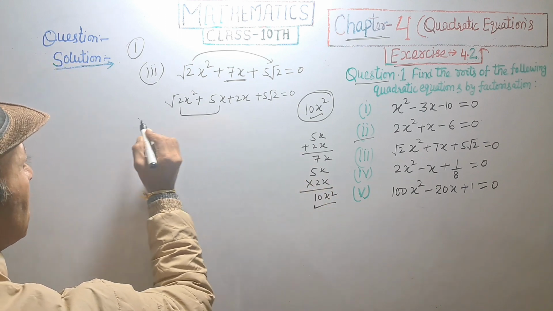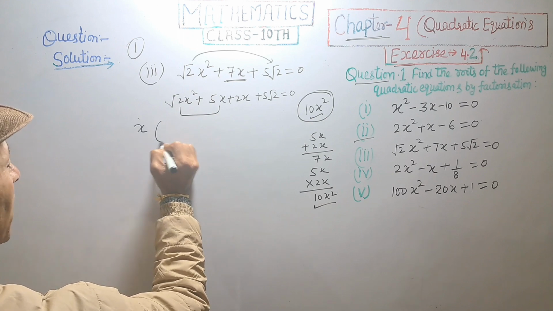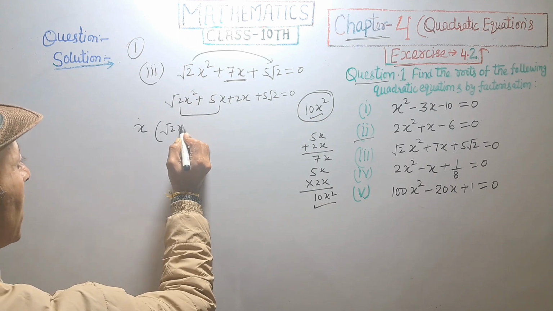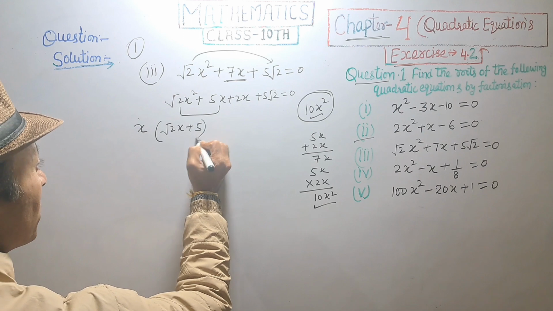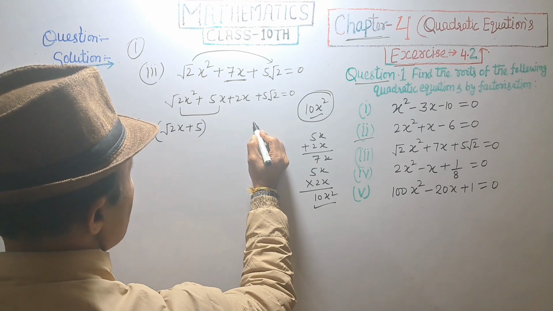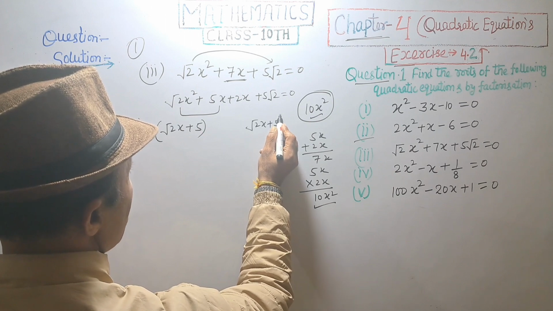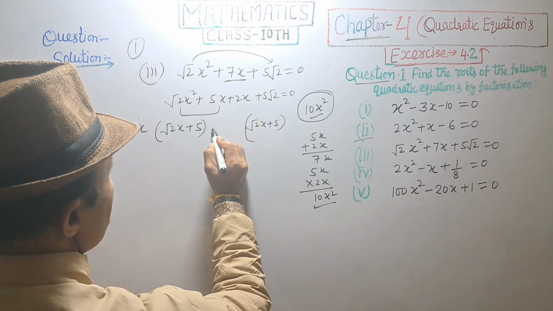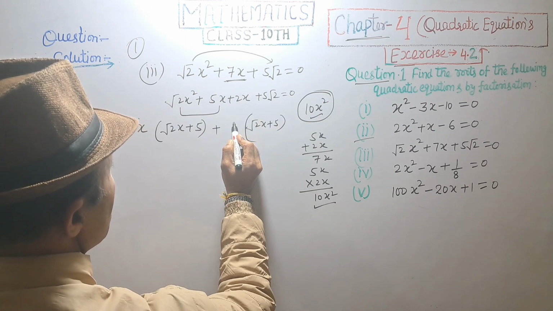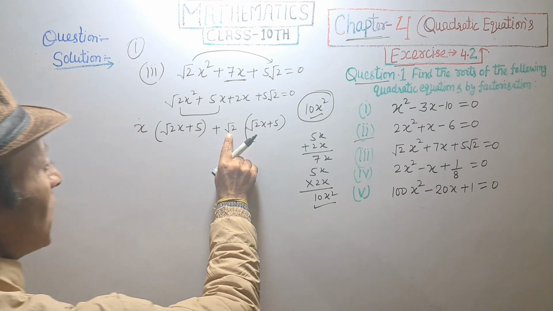And in this, x is taking common, root 2 x plus 5 in bracket, and same in bracket, root 2 x plus 5, plus root 2.